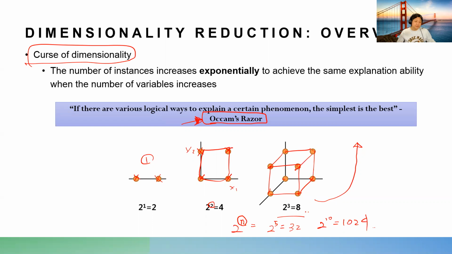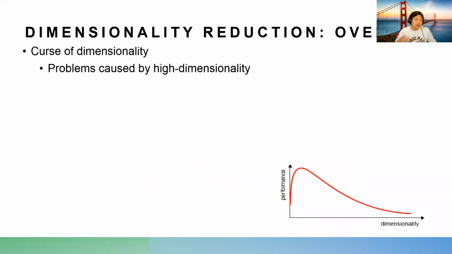Okay. So the curse of dimensionality, why is this problematic? As you can see, if the dimensionality increases, at some point your statistical model performance increases, right? But at some point, it will decrease. You already took 611 or regression analysis.